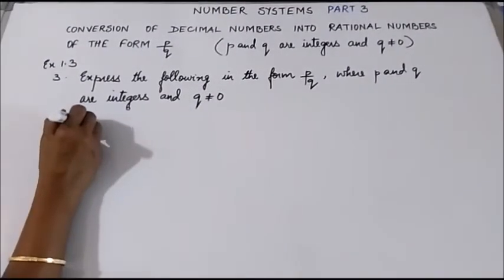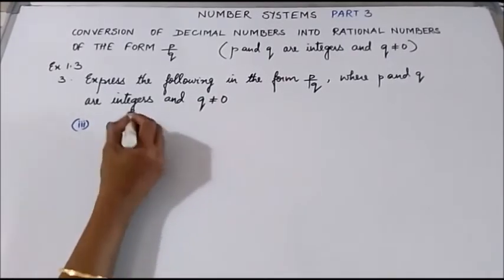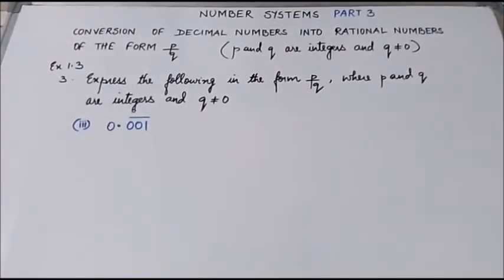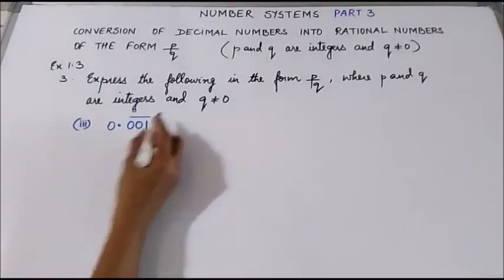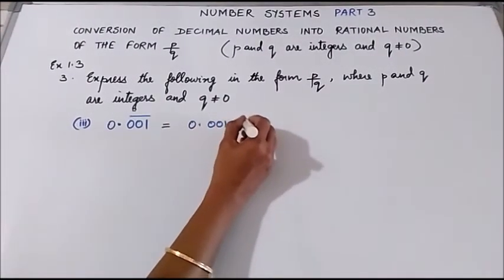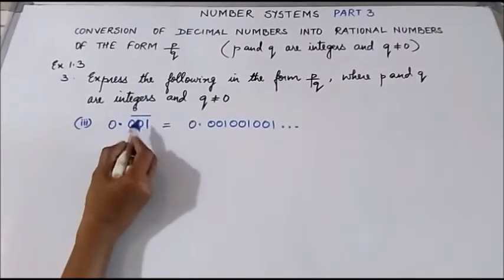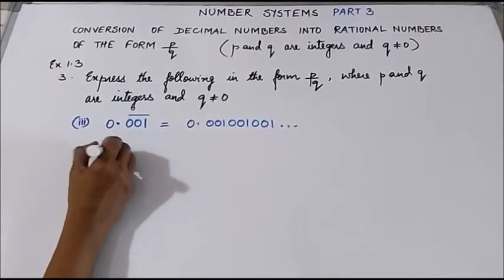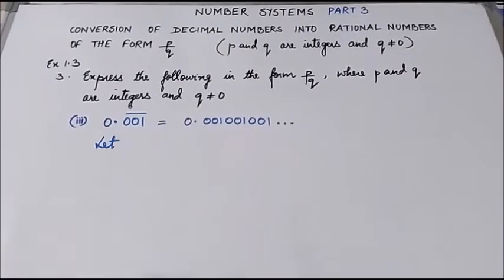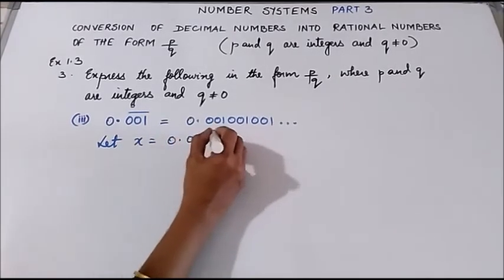The third question, 0.001 bar, the bar is over 001. How many digits repeat? 3 digits, that is 001. So this can be written as 0.001, 001, 001 and so on. Under the bar, how many digits are there? 3. So we should multiply by 1000. First let us assume x equal to the given number.